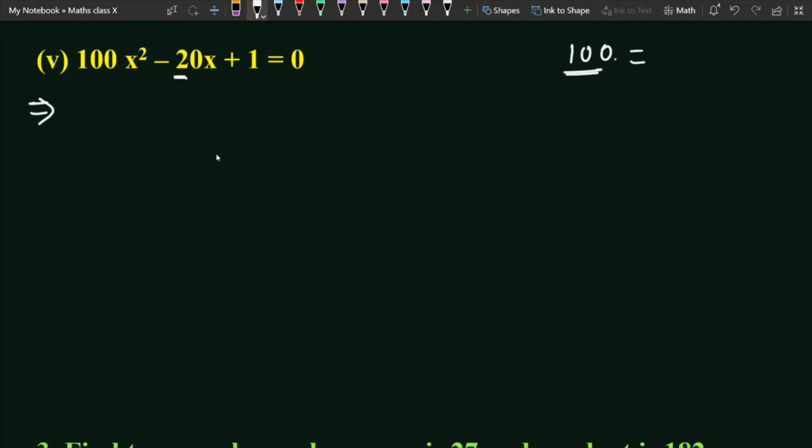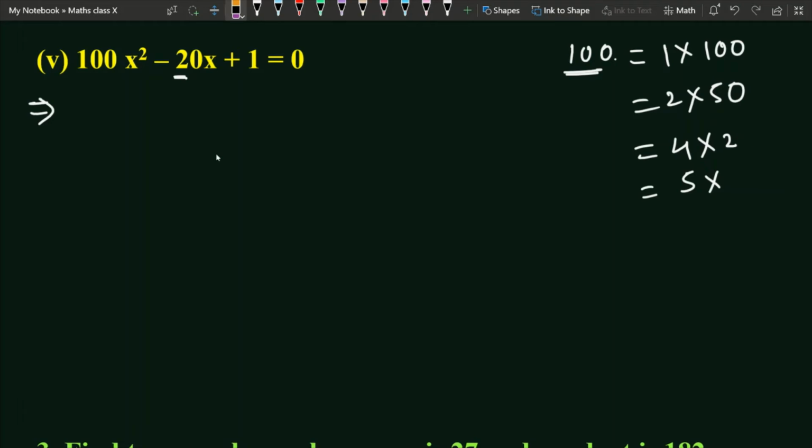So let us see the factors. 1 into 100, 2 into 50. Why am I writing two terms only? Because we need two terms only here. I'm not expanding it to the prime factors. 3, we cannot divide 100 by 3. 4, 25 times, 25 fours are 100. 5, 20 times, this is also not the answer, 5 into 20 is not the answer.